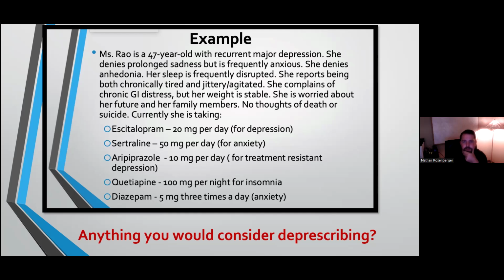I think Zoloft is probably a good one to look at, because she's on the highest dose of the Lexapro and the lower end of the Zoloft. But yeah, trying to get her off of two antipsychotics would definitely be a goal of mine as well. Okay, good.